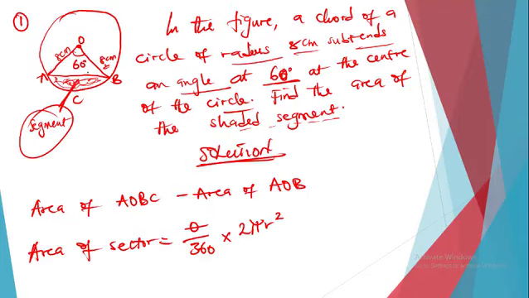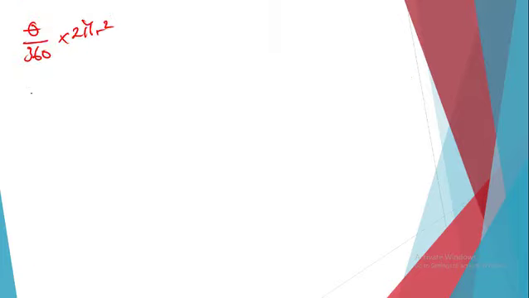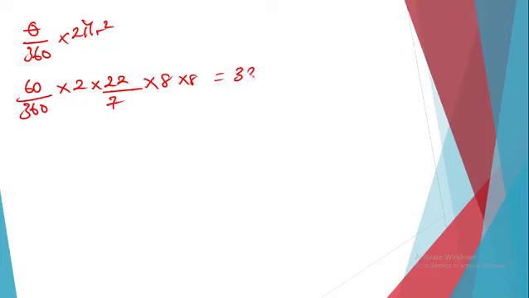Now theta from here is equal to 60 degrees, that's the angle at the center. We have 60 over 360 times 2 times 22 over 7 times 8 times 8, and if we work that out, we have our answer to be equal to 33.52 cm squared.